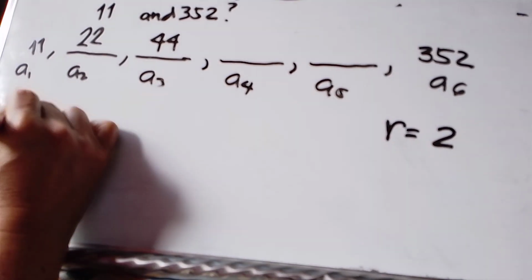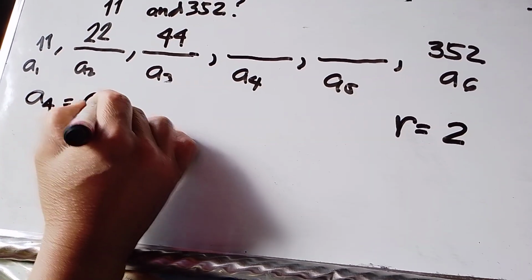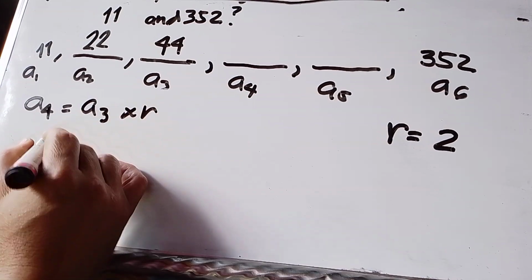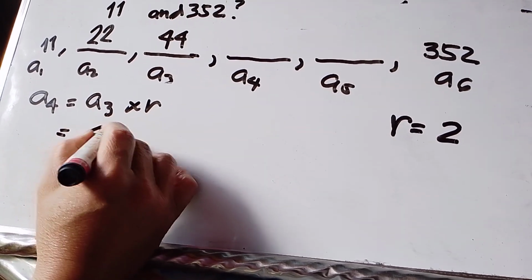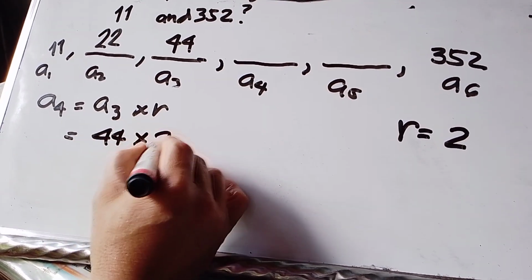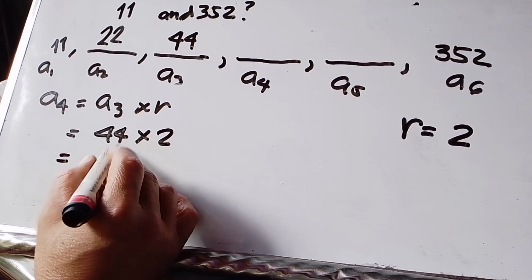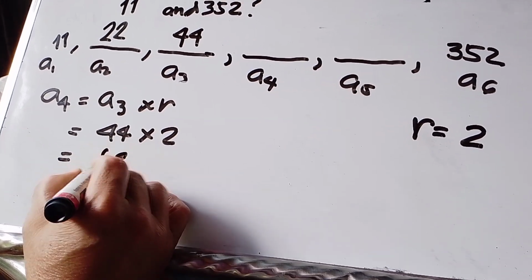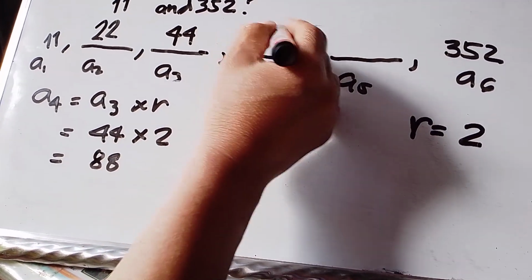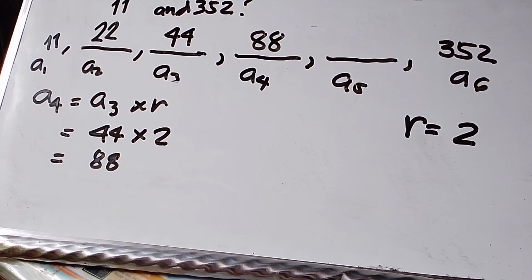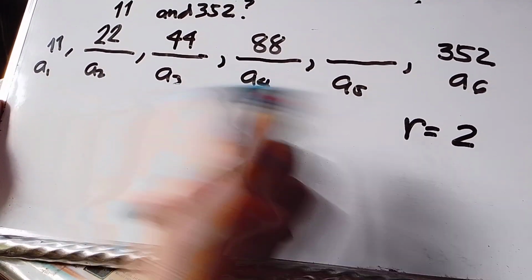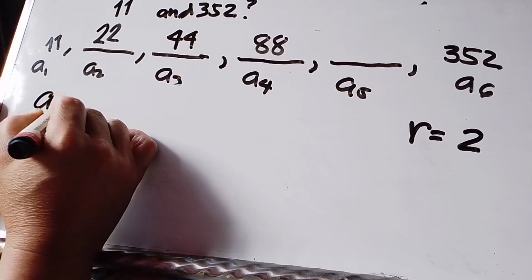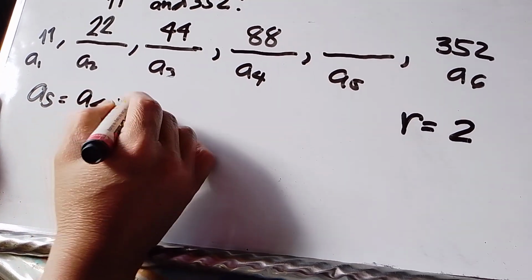Next, a4 is equal to a3 times r. a3 is 44 times 2. By mental math, this is 8 and this is 8. So a4 is equal to 88. Next, a5. a5 is equal to a4 times r.